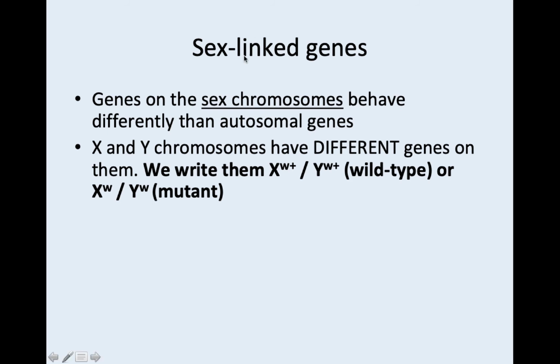And so we're going to represent red eyes as W plus, and white eyes is just going to be W. We're going to write the allele here as a superscript to either an X or a Y, depending on which chromosome it's on. So here, what this means is this fly has an allele that causes the wild type red eyes, and that gene is found on the X chromosome.